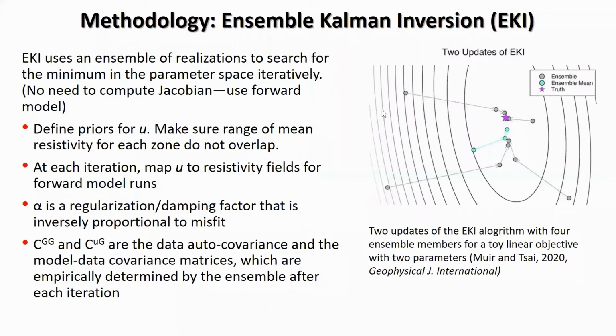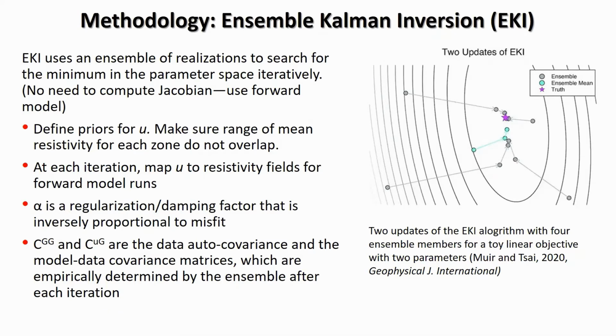So the ensemble Kalman inversion uses an ensemble of realizations to search for the minimum of the parameter space, and it's done in an iterative manner. We don't need to calculate a Jacobian, we just need a forward model. So we need some way of calculating a set of apparent resistivities for a given resistivity distribution.